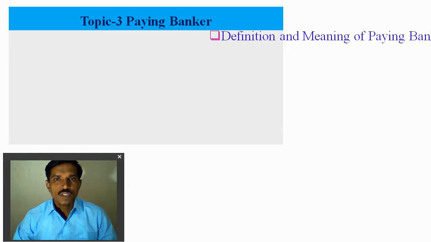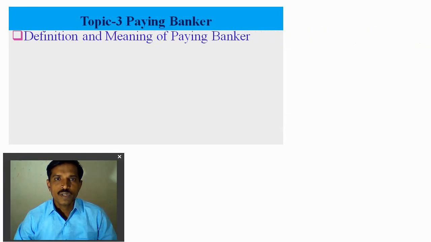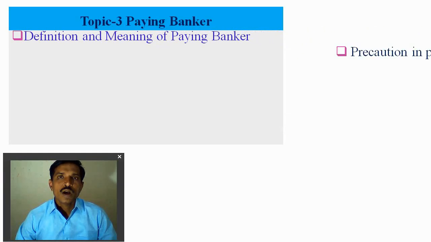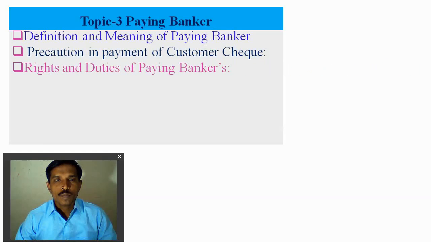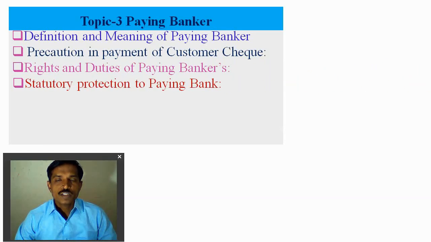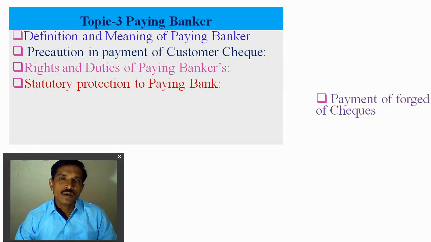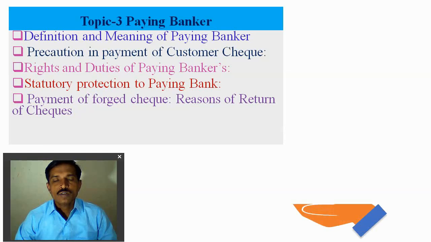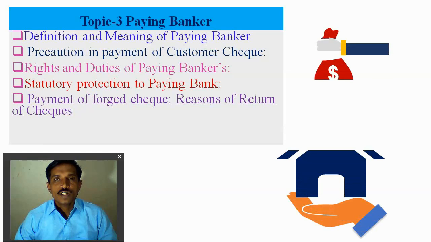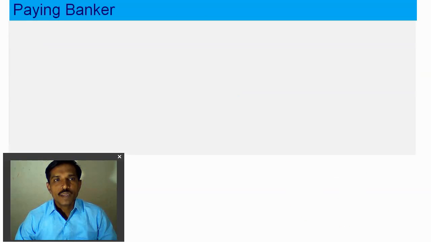In topic number 3 we look at the definition and meaning of the paying banker, the precautions in payment of the customer's check, the rights and duties of paying bankers, the statutory protection to the paying banker in the Negotiable Instruments Act, the payment of part checks and the reasons for the return of checks by the paying banker.